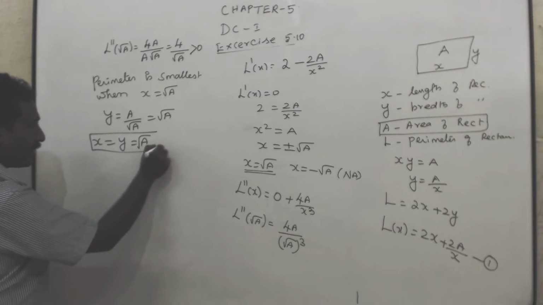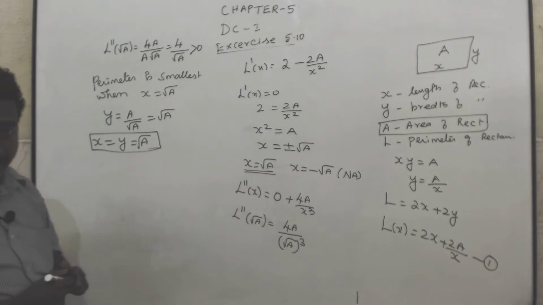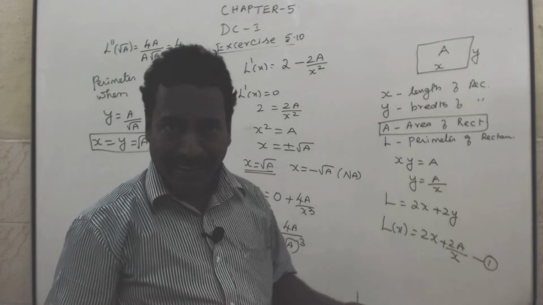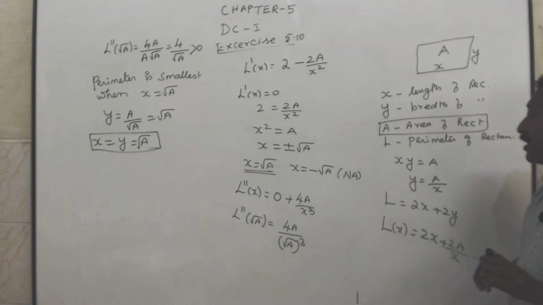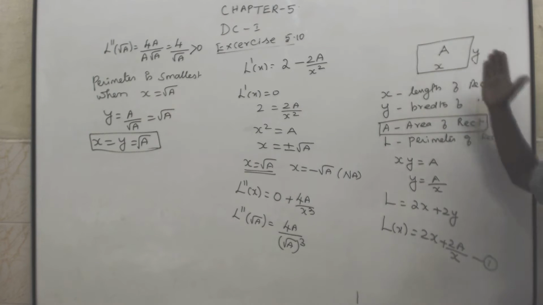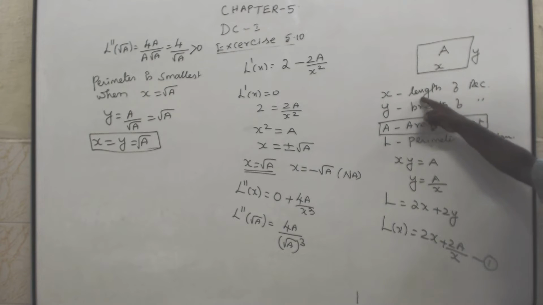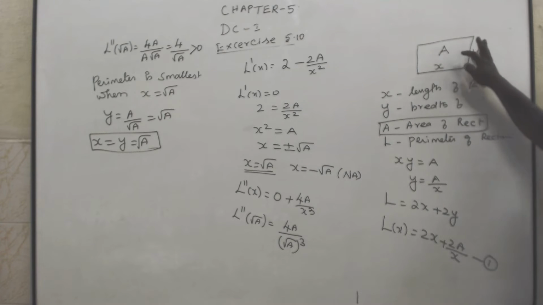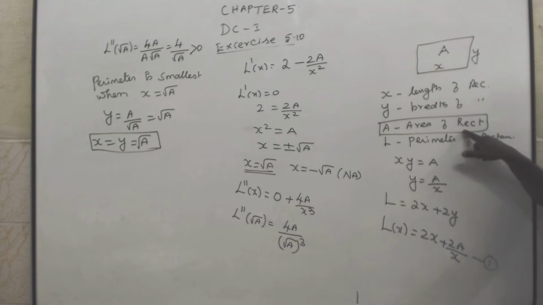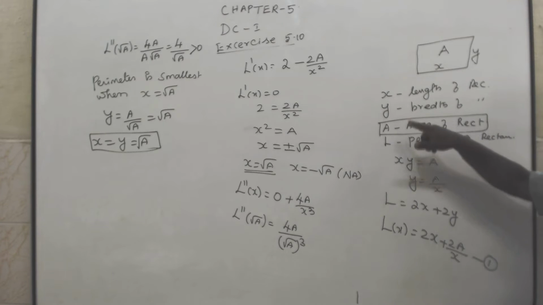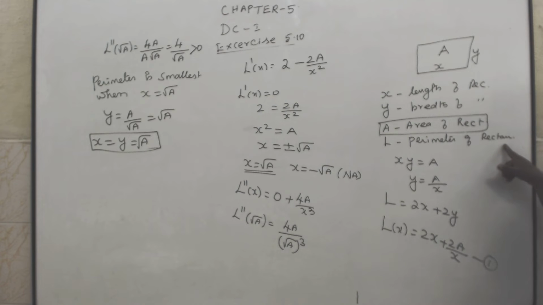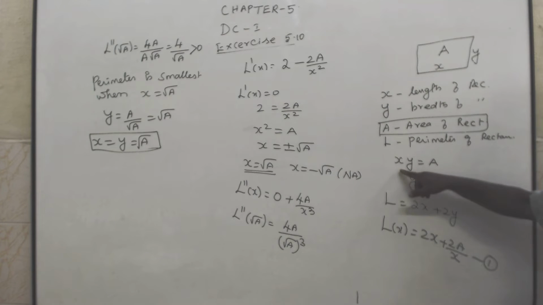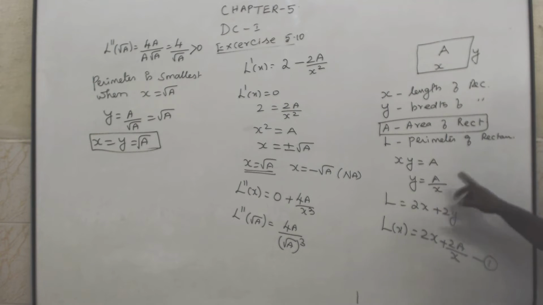If length and breadth of a rectangle are the same, then the rectangle becomes a square. For the first step, it is a rectangle: x is the length, y the breadth, and area is given. L means perimeter of the rectangle. Area means length into breadth, xy equal to a, y equal to a by x.